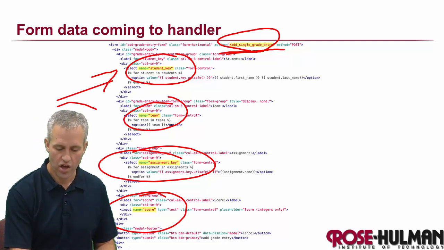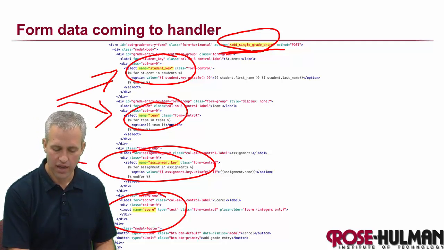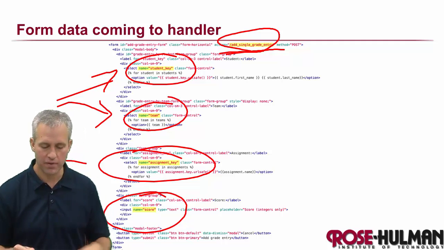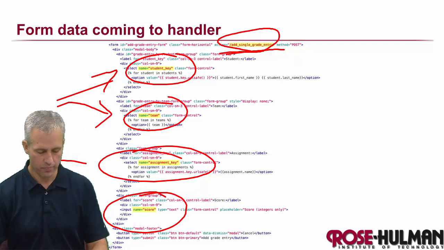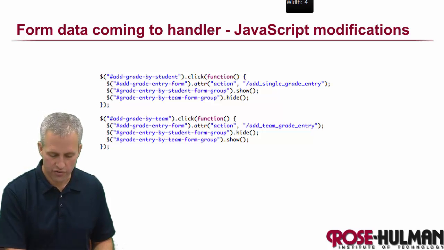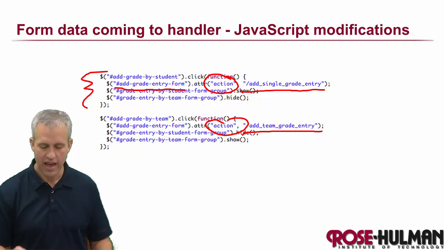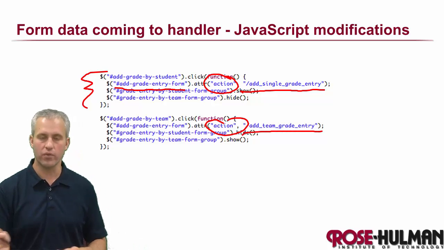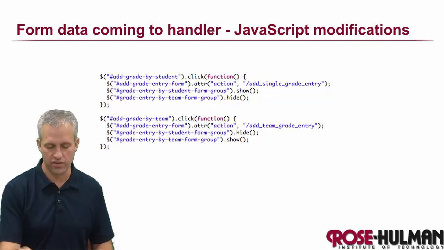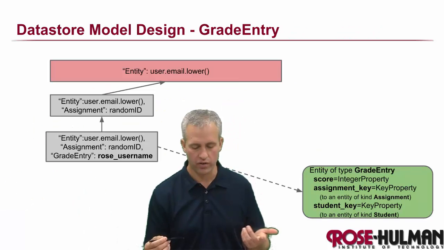So this is kind of like a one or the other type thing. And then you always have an assignment key, and you always have a score. Oh, and then if you're curious how the JavaScript works, in this version of the app, it's finding that form, and then it's changing the action to either be add single grade entry, or it's making the action add team grade entry. There's so many ways to do this type of thing, but this version does it that way, and so that's how we're going to deal with it.